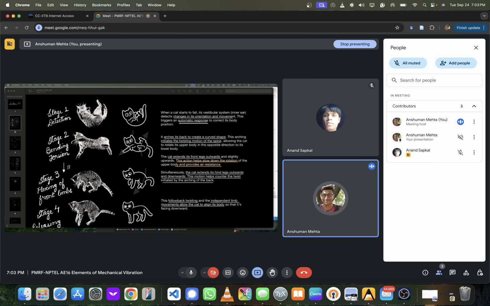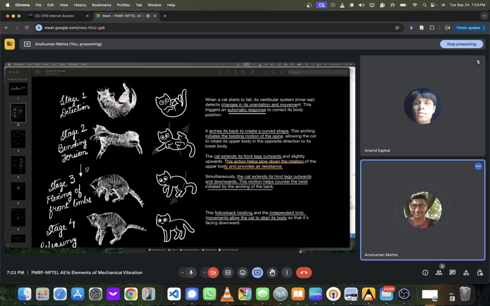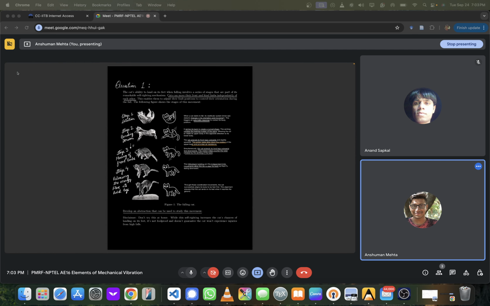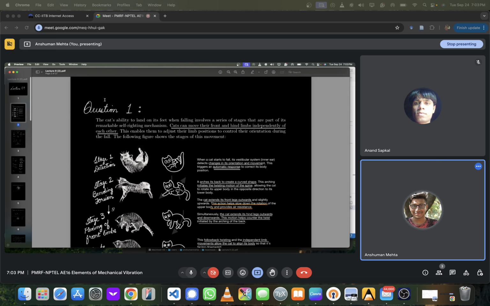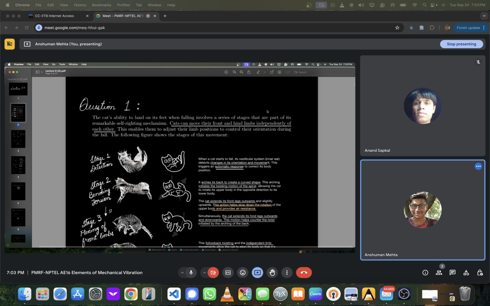It got revealed by studying the motion of the cat, because we have seen cats falling from the 9th floor, 10th floor, and still landing on their 4 feet. Something extraordinary is there in a cat which we obviously don't have.